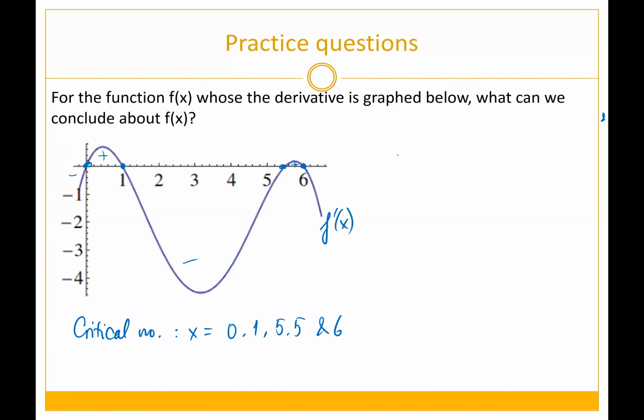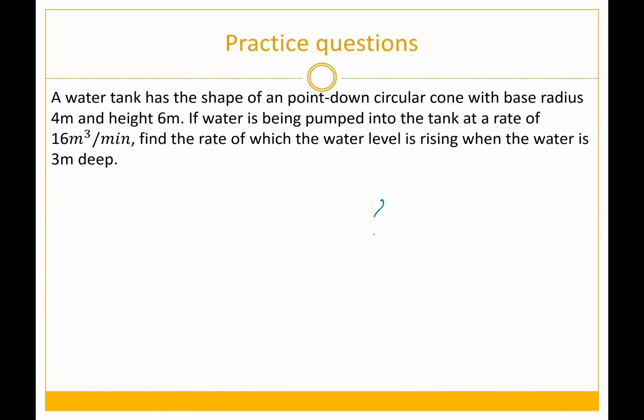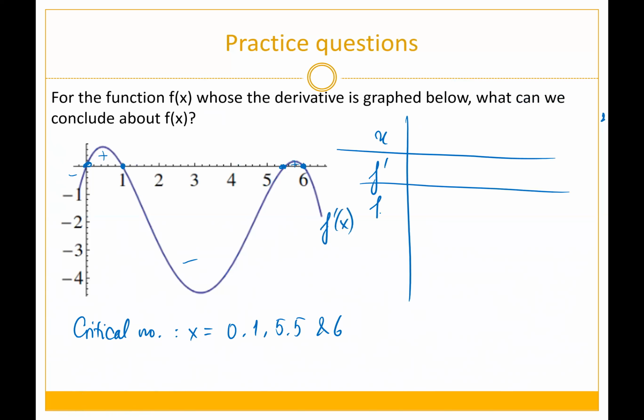So when you have x, f prime, and f, you have 0, 1, 5.5, and then 6. So f prime is 0, 0, 0, 0. Let's look at the sign. You have negative, positive, negative, positive, and then negative again.